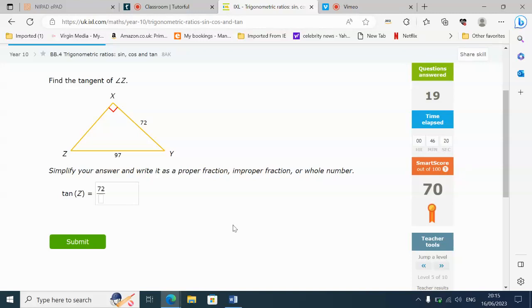So 97 squared is 9,409. Take away 72 squared, which is 5,184.